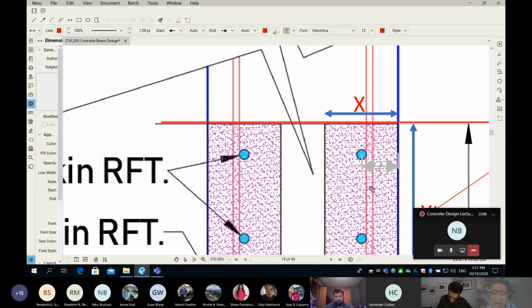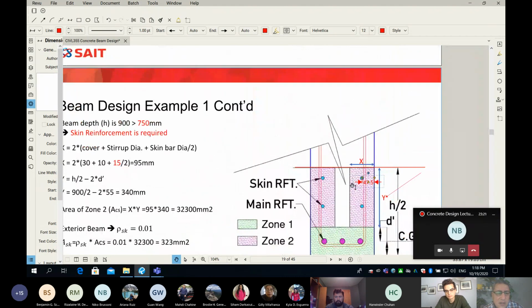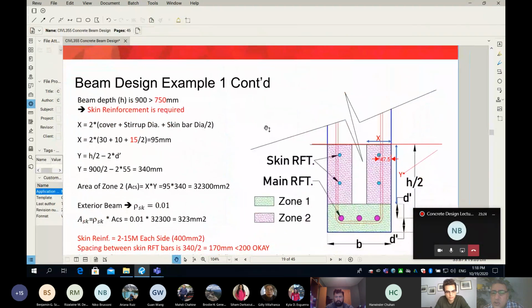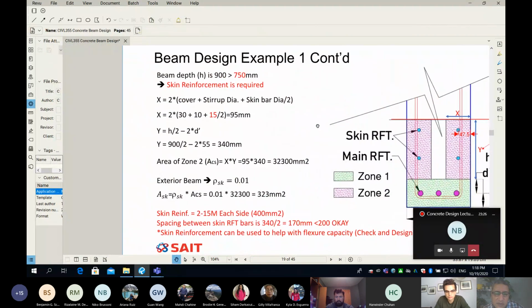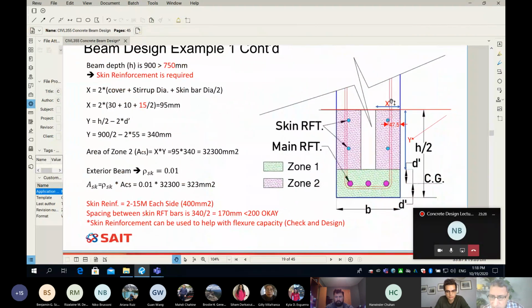Because we mirror around the centroid of the reinforcement bar. I guess this was 47.5, and if you multiply 47.5 times 2, X equals 95. Great, we know the X, we know the Y, so we multiply X times Y.